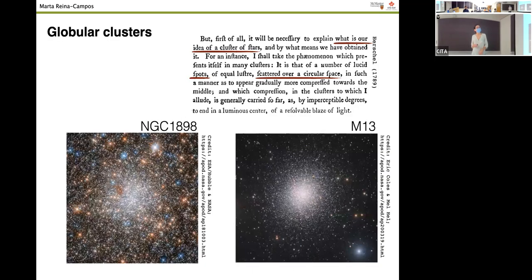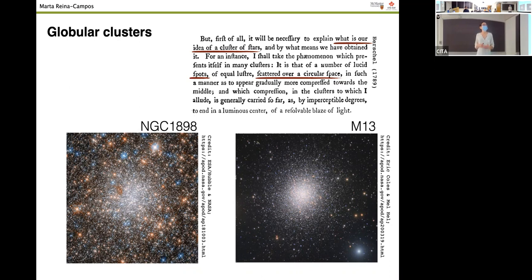But first, I'd like to start with this slide that contains a quote from one of the first catalogs that observed stellar clusters and planetary nebulae in the Milky Way, which was done by Sir William Herschel and his sister. And what they write in their catalog is that, "but first of all, it will be necessary to explain what is our idea of a cluster of stars, and by what means we have obtained it.